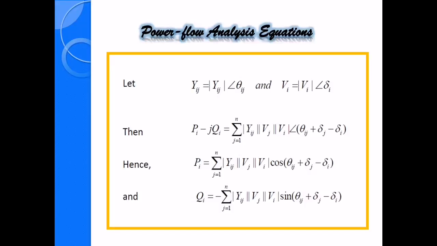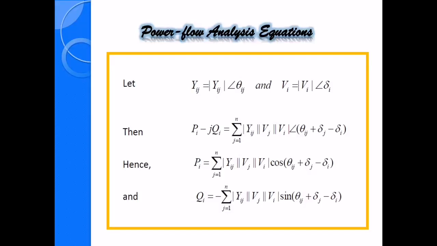Why is it minus delta i? It is because of Vi conjugate there, so the conjugate angle has a negative sign. So finally Pi minus jQi is sigma of Yij Vj Vi, the product of all these magnitudes, and the resultant angle is theta ij plus delta j minus delta i.